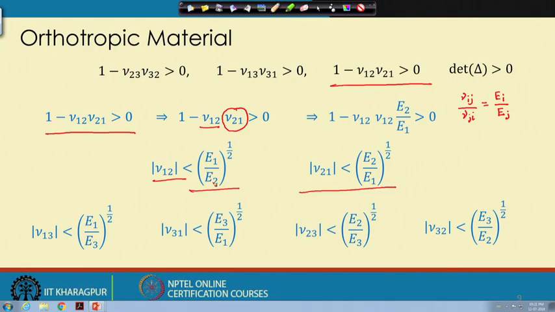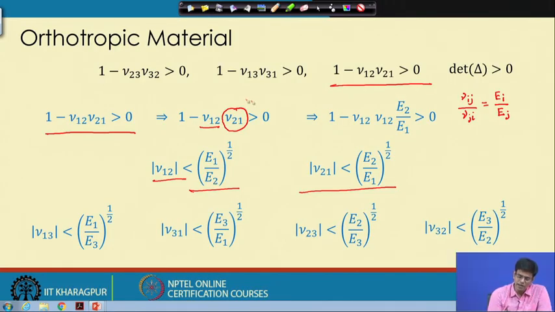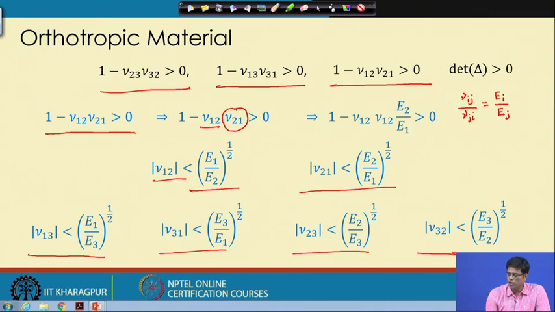Similarly, if I use this relation and this relation, I will get this, this and this. So, this relation poses a restriction on the Poisson's ratio given E1 and E2. That means if I give the Young's moduli in the 3 axes, I can have a proper restriction on the Poisson's ratios of the orthotropic material.